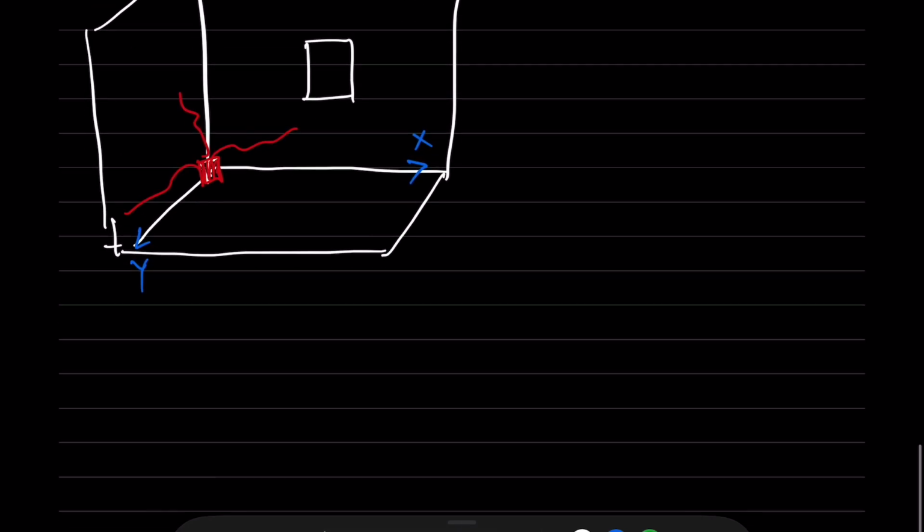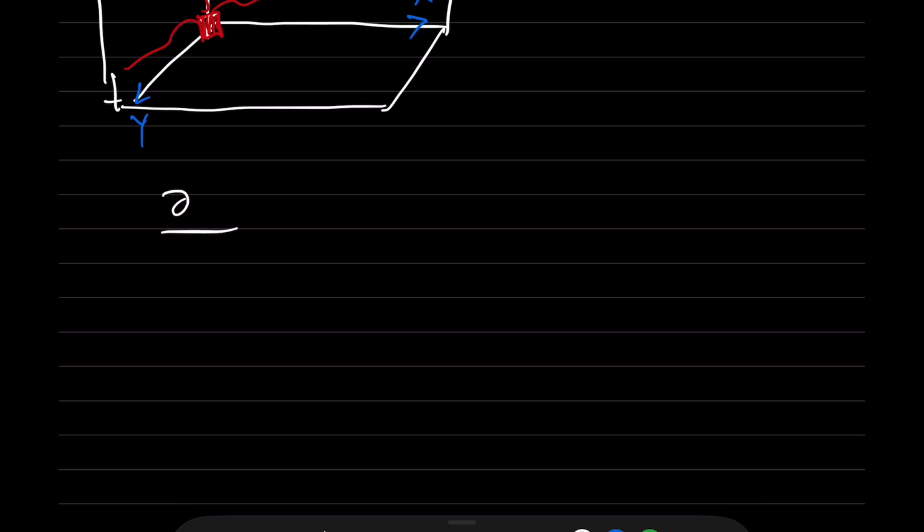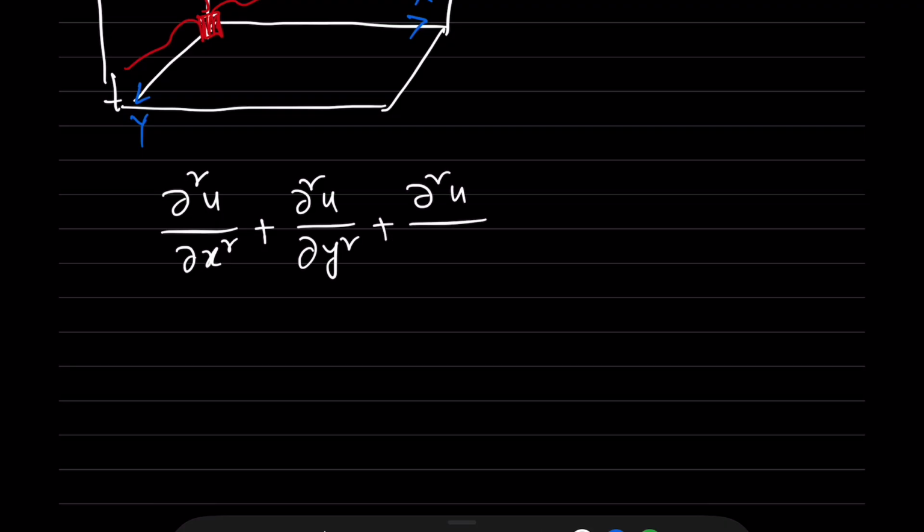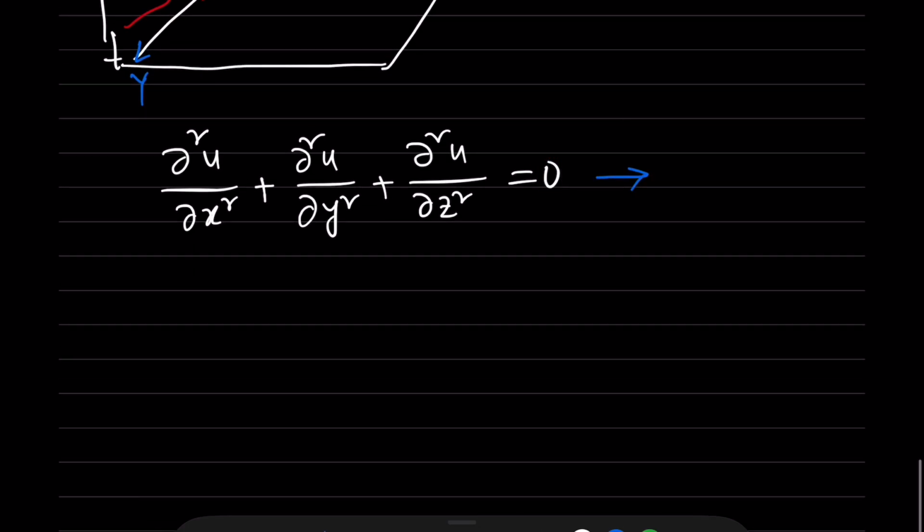Let me write the same equation. Setting this to 0, this is a homogeneous equation, and the name of this equation is the Laplace equation. There are also applications regarding this equation as well.